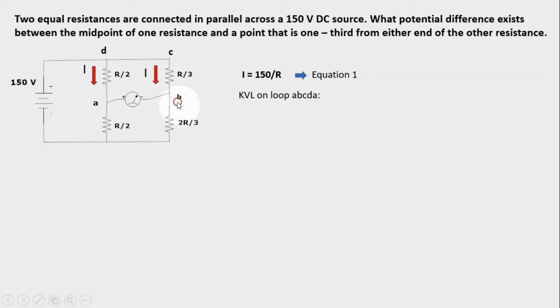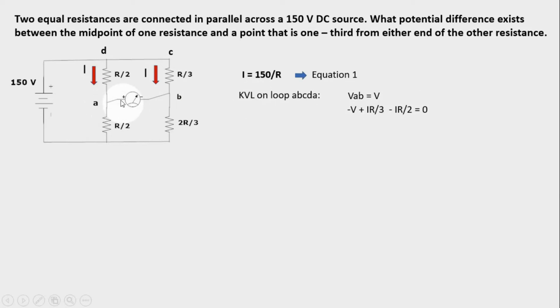Now this is my Kirchhoff's voltage law, but first let me just use this notation that my V is equal to V sub AB. The potential difference at A and B, which I am looking for, is actually equal to V. This is my notation. So my Kirchhoff's voltage law is this one.